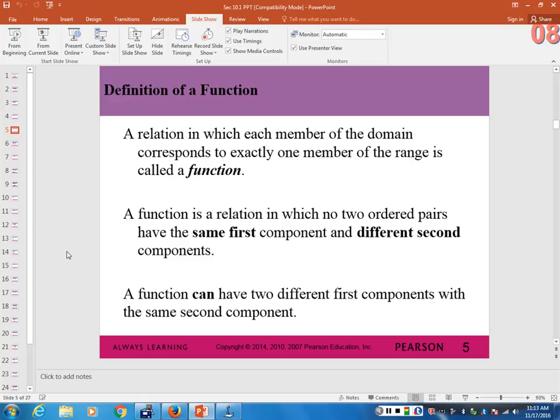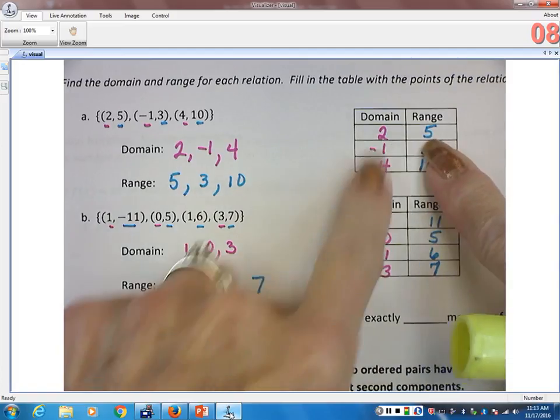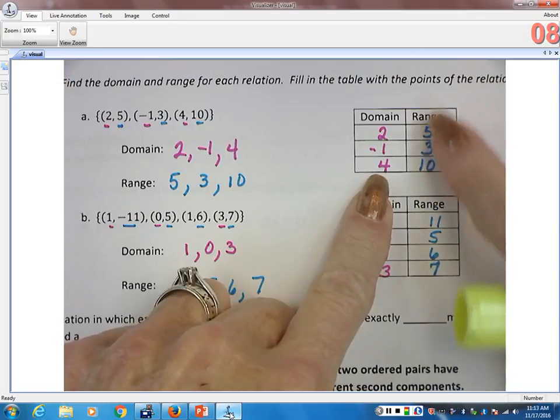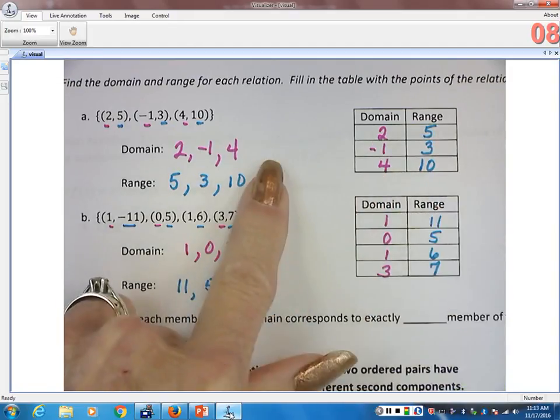So looking back here at the table that we just finished a second ago, this x goes with this y. None of the domain is repeated, so they all have independent partners. So this relation is a function.